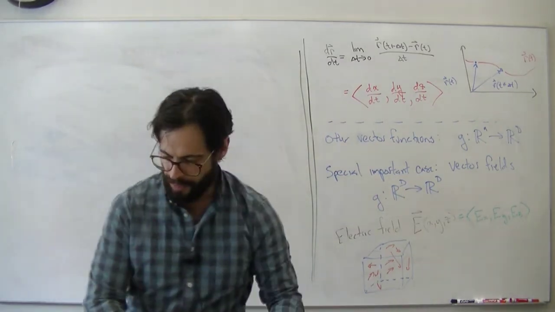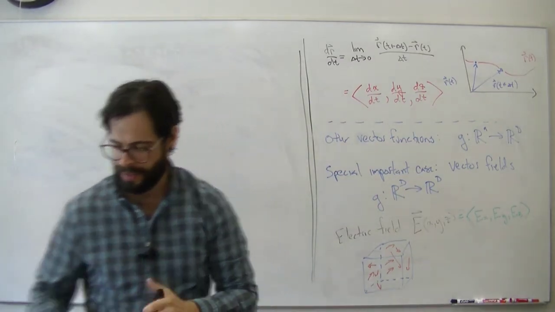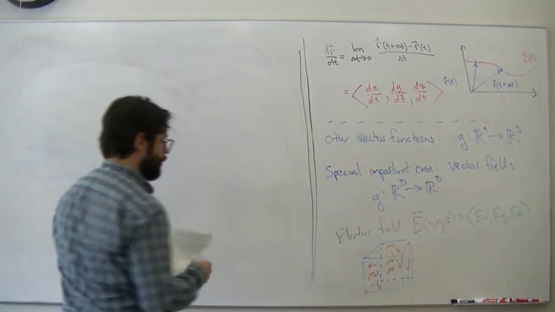So the 2 most important things that you can ask about vector fields are the divergence and the curl.